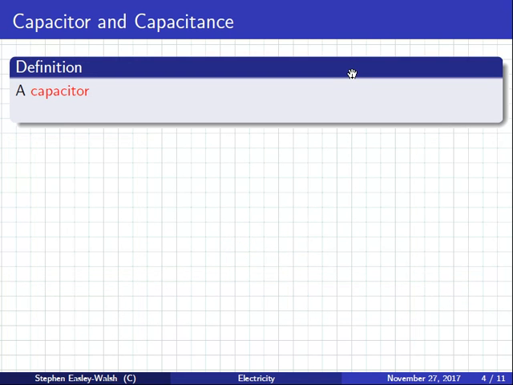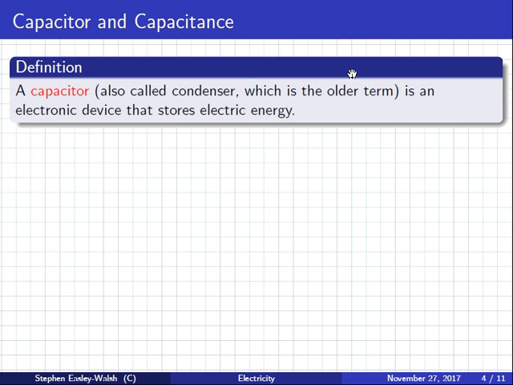So, what definition did you give for a capacitor in your presentation? Yep, sounds fine to me. So a capacitor, also called a condenser, but nobody says that, is an electronic device that stores electrical energy.